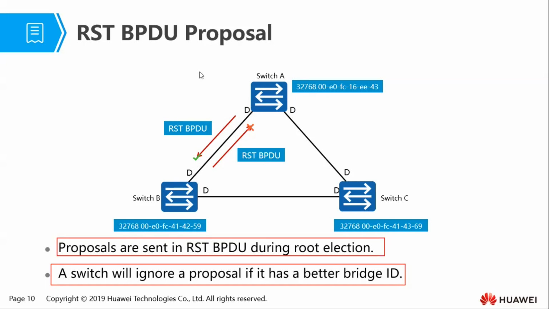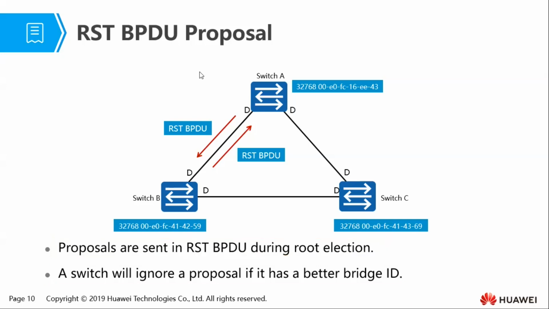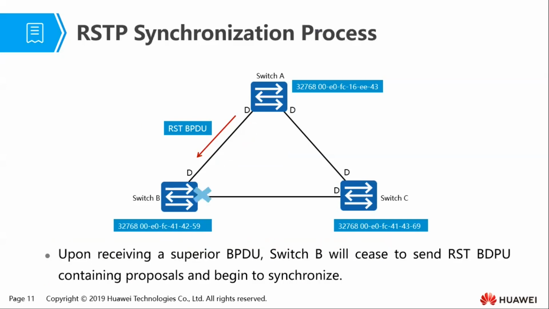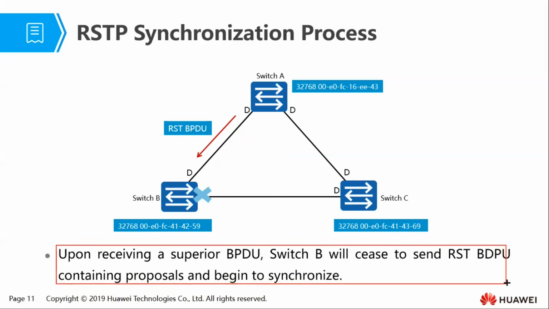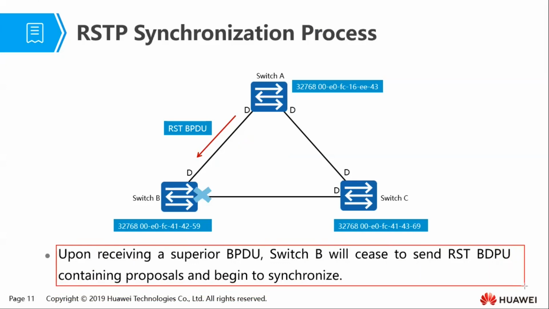So let me just go to the next one here. So this is what I'm saying. Upon receiving a superior BPDU, switch B will cease to send RSTP BPDU containing proposals and begin to synchronize.